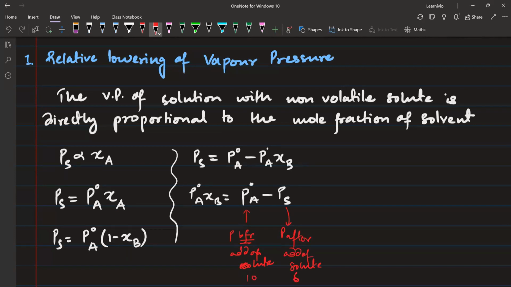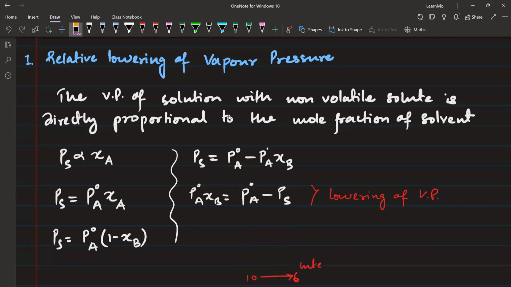So this difference, from 10 to 6, that is 4, is going to tell you about the lowering of vapor pressure. Initially it was this much, after adding the solute it became this much. Makes sense? Yes or no? This P naught A minus P S is going to tell you about the lowering of vapor pressure. What do you think, guys? Tell me.